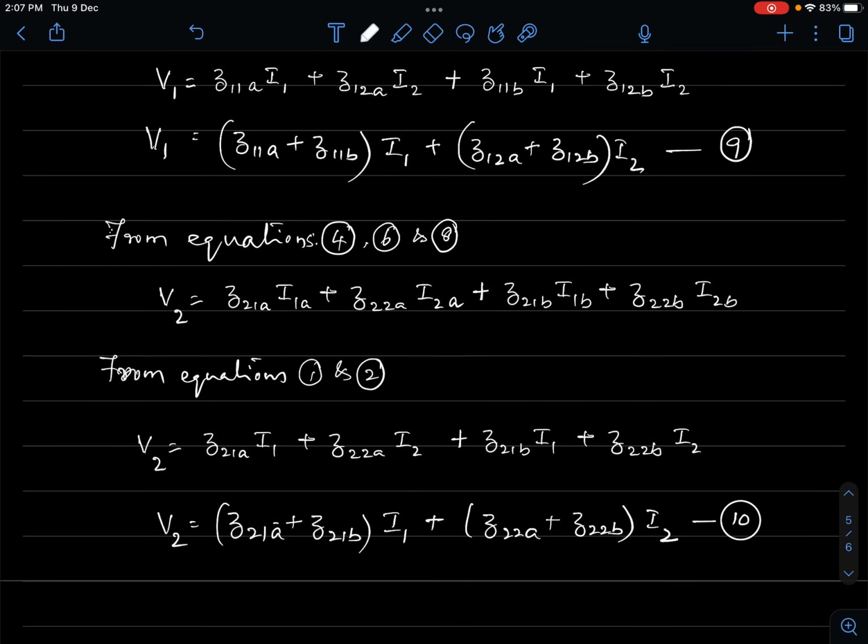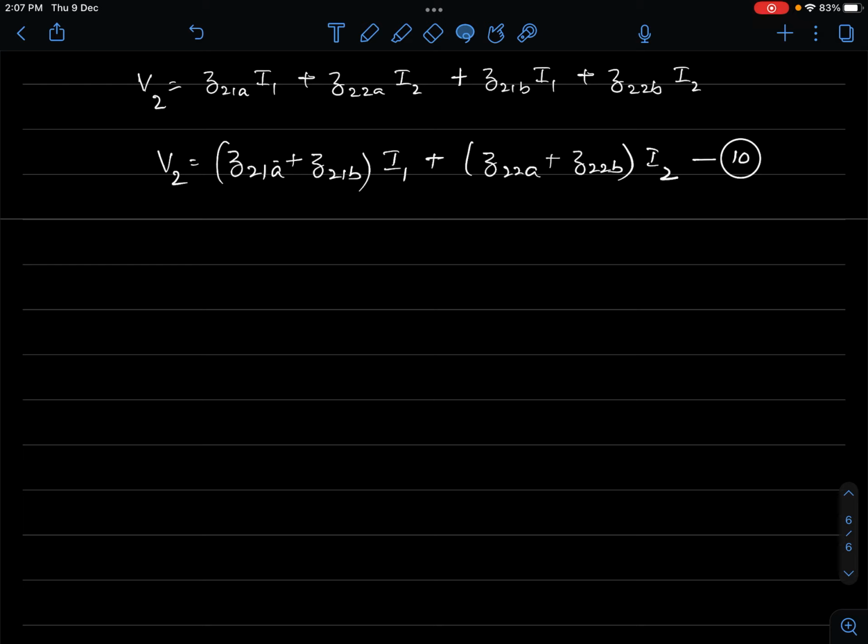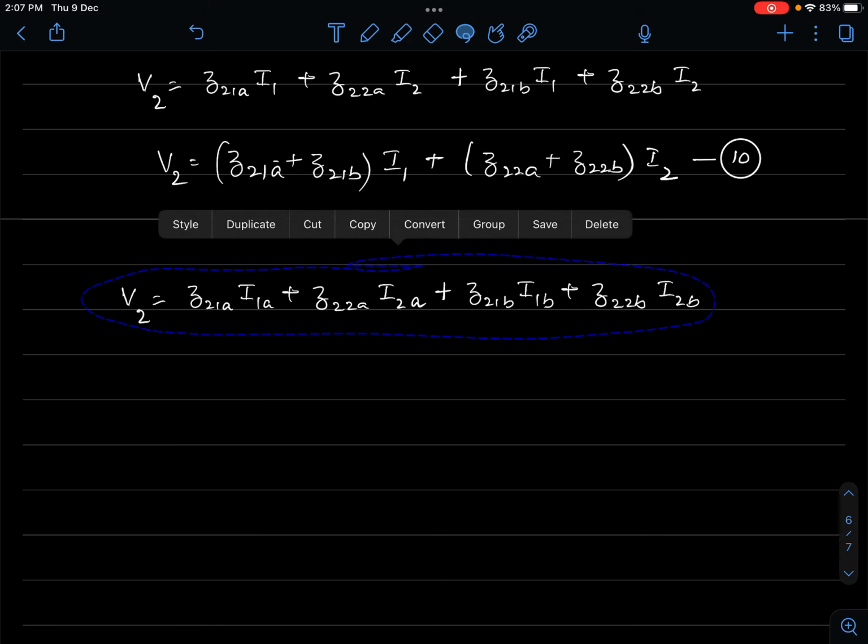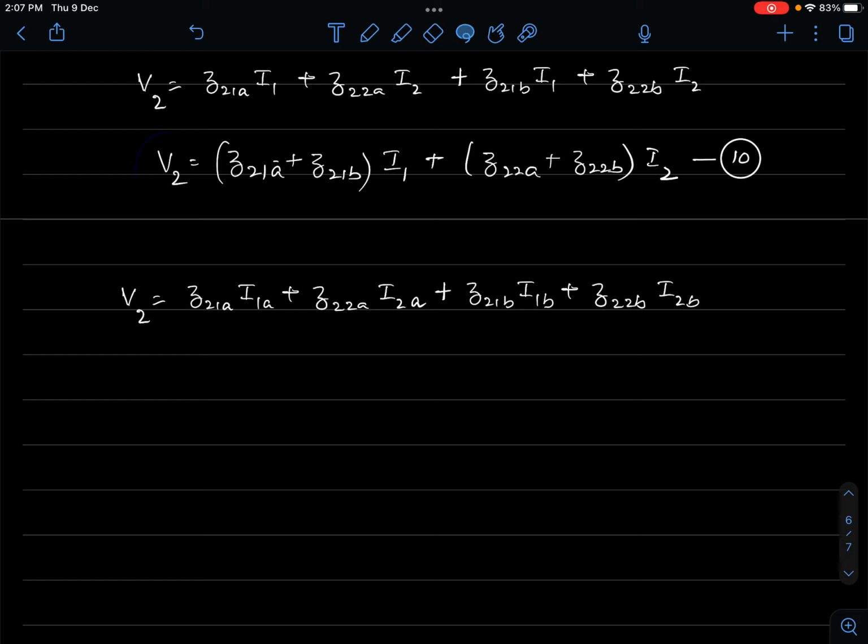Okay, so look at equation 9 and 10. I'll collect them. Okay, let us collect these two equations in one place. What I mean is, I will pick up equation 9, paste it here. Okay, this is my equation 9 and this is my equation 10.